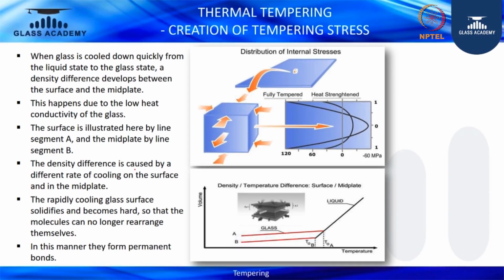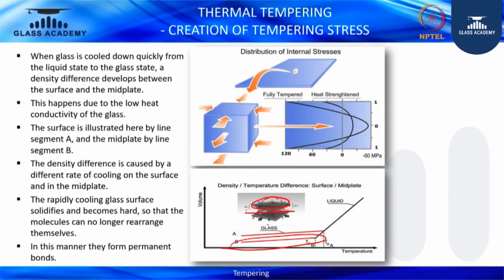So this is the line which I am talking about. This is the topmost portion where the surface compression is rendered, and this is the mid plate where your tensile zone is taking place.